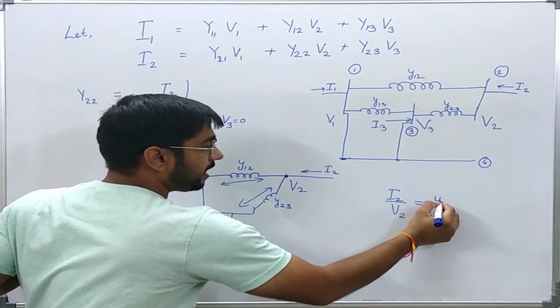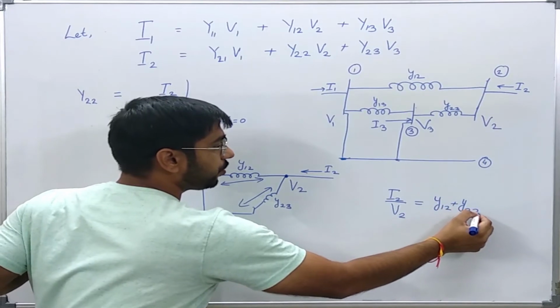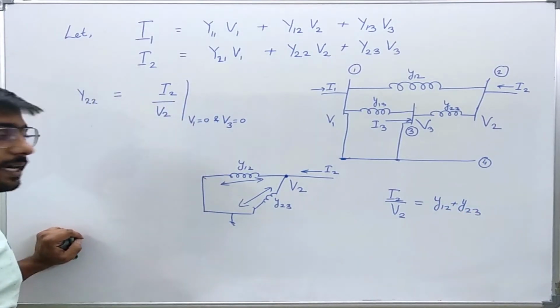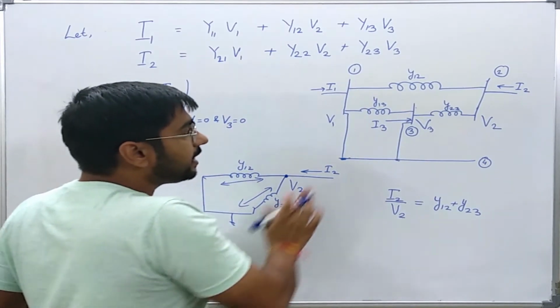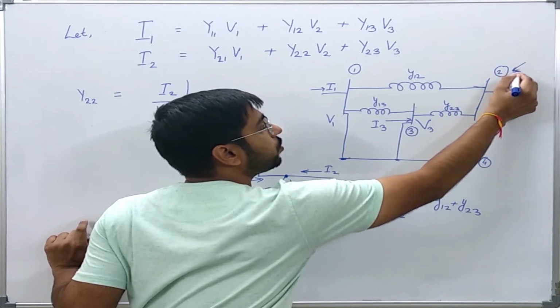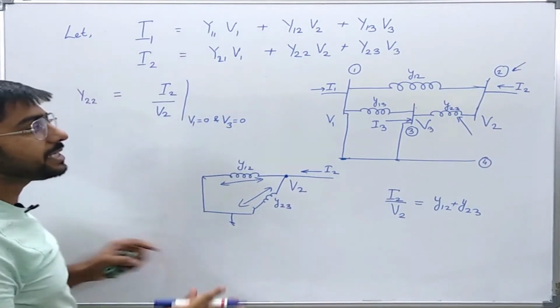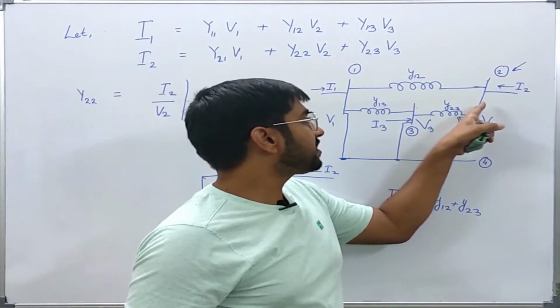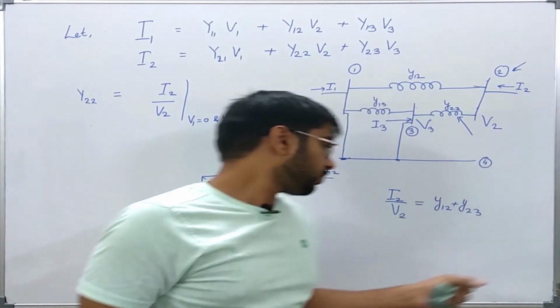So it is nothing but Y12 plus Y23. So you see that Y22 is nothing but the admittance which is directly connected to bus 2, the summation of all the admittances which are directly connected to the bus number 2, which we have already seen in our previous lectures also.